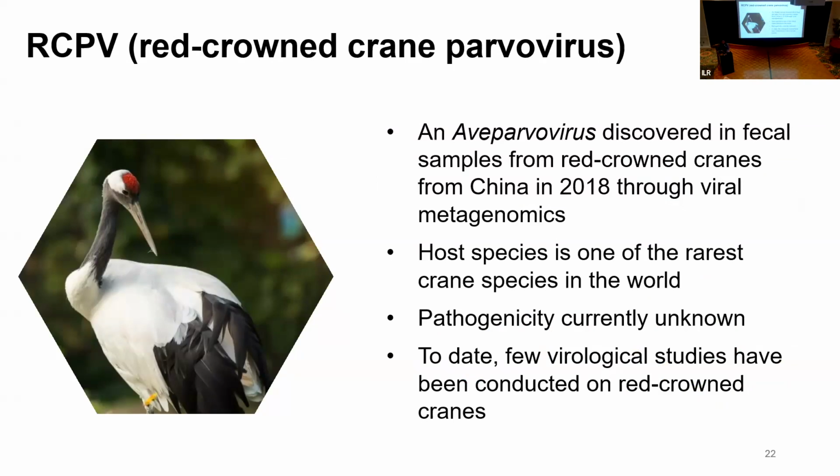This is a really cool study because very few virological studies have been done on this species. It's one of the rarest crane species in the world. However, we don't know if RCPV, or red crowned crane parvovirus, is pathogenic or not, so it still needs to be studied further. Still, I think any studies on red crowned crane viruses would help conservation efforts since they are a pretty rare species.